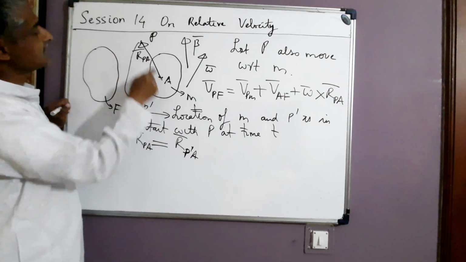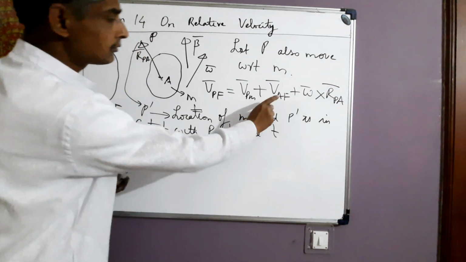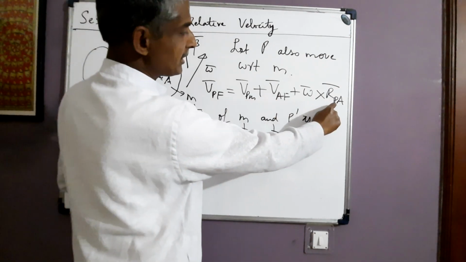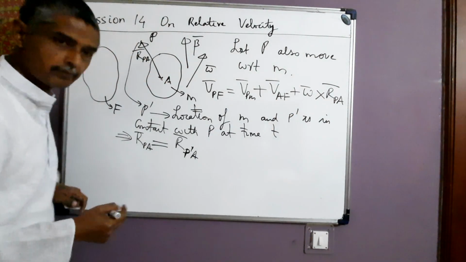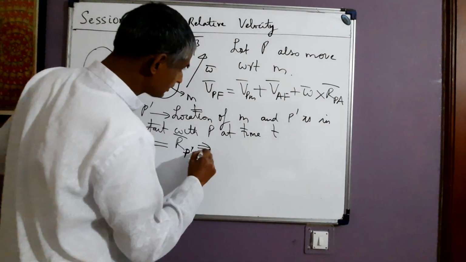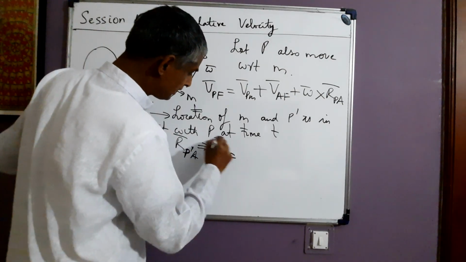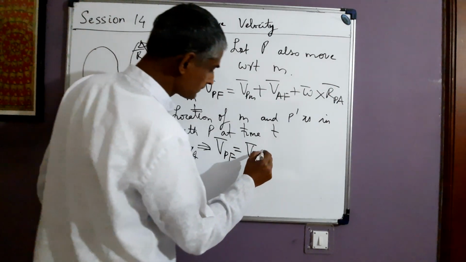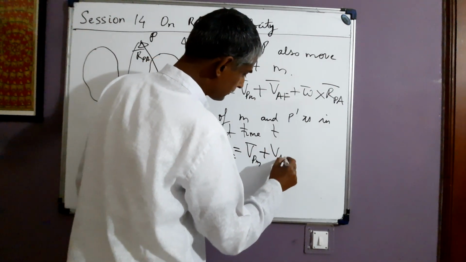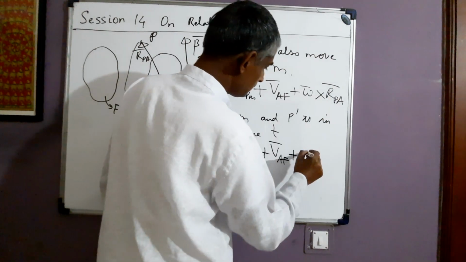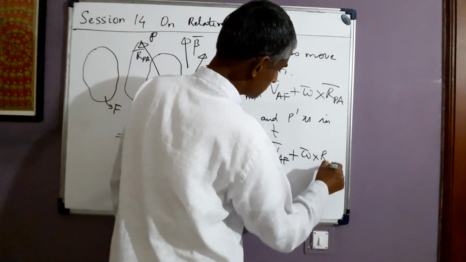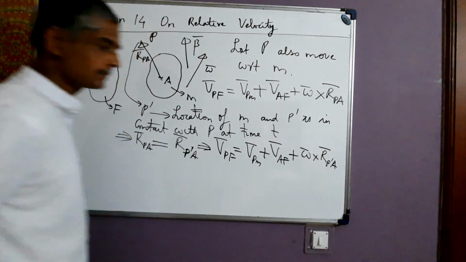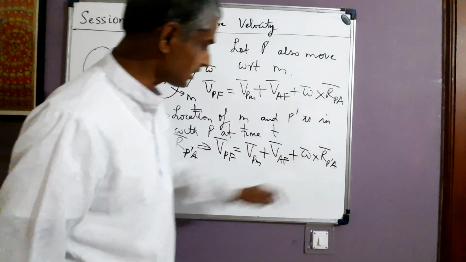So now in this formula we replace RPA by RP dash A. Then we get the relation VPF is equal to VPM plus VAF plus omega cross RP dash A. Instead of RPA we write RP dash A.